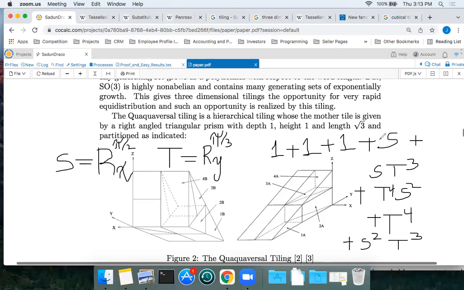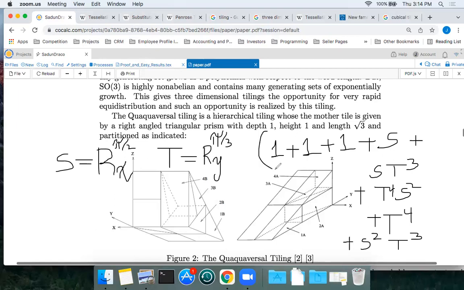You'll notice I wrote a bunch of pluses. That's because I want to take a formal sum of these. And the reason I want to take a formal sum is, when you do a subdivision, you're applying these rotations to the original tile. If I do a subdivision again, and you split up all of them, then the rotations you get would be obtained by squaring it.